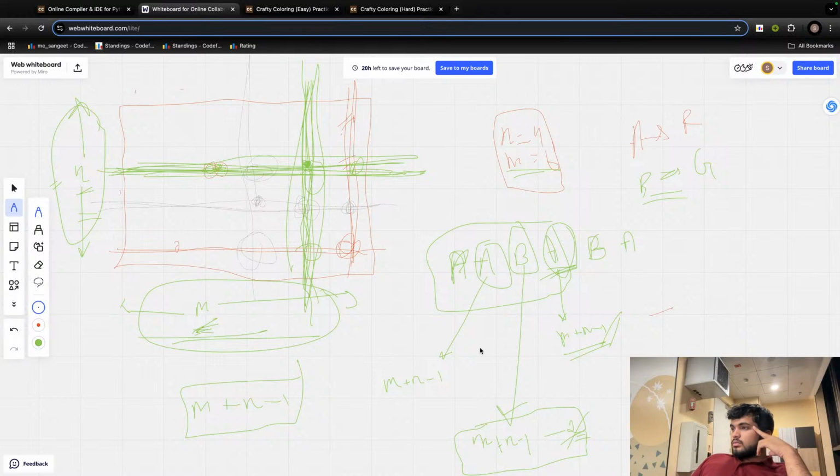So how many? One, two, three, and four. Four cells got occupied, right? So two were occupied by this guy, and two more were occupied by this guy.